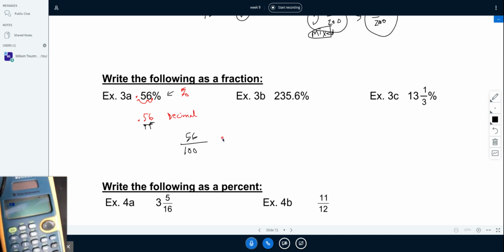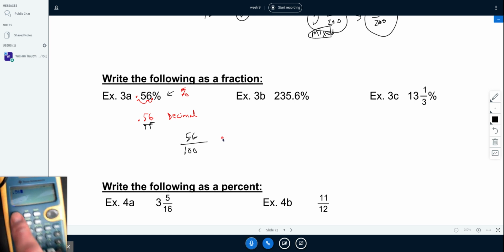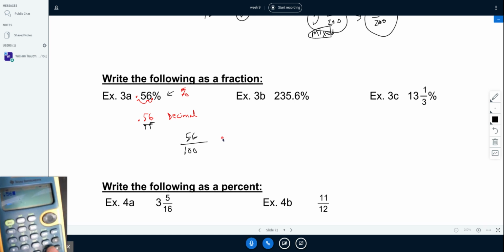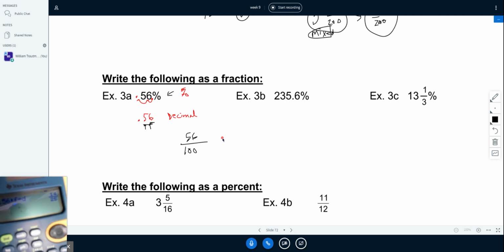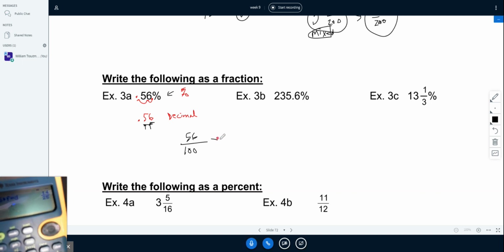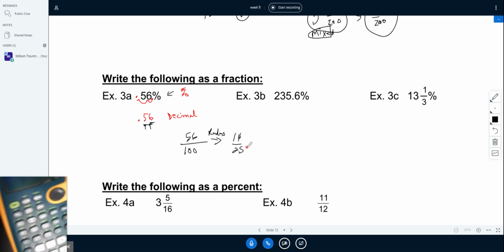So I'm putting 0.56 and I'm hitting second FD, changing fraction to decimal or decimal to fraction. And the final answer is 14 over 25. This reduces to 14 over 25.